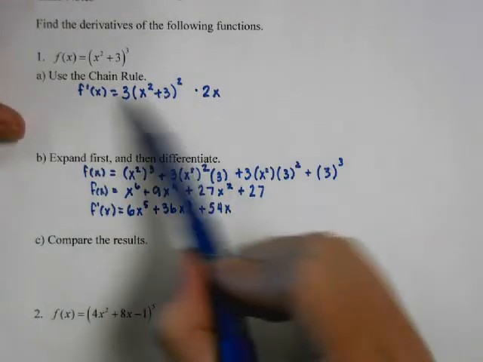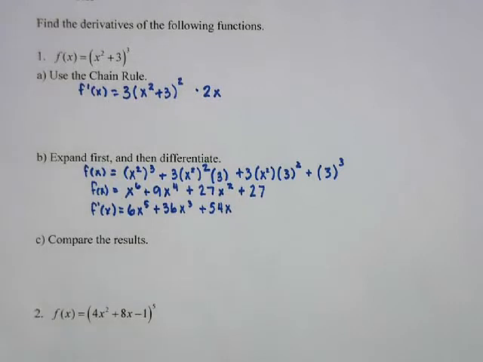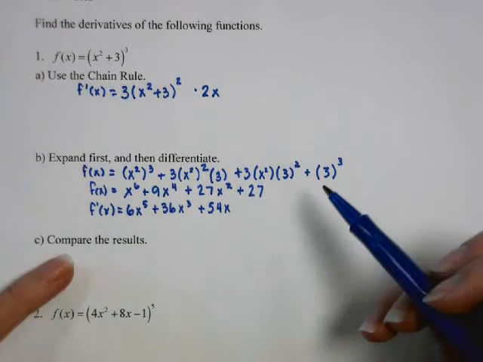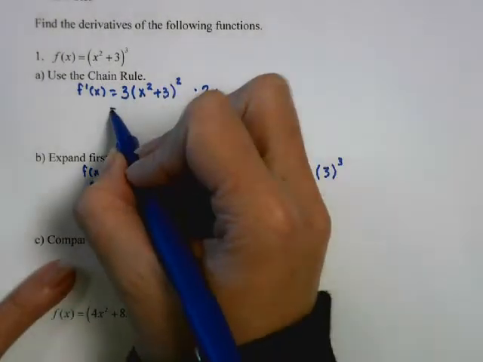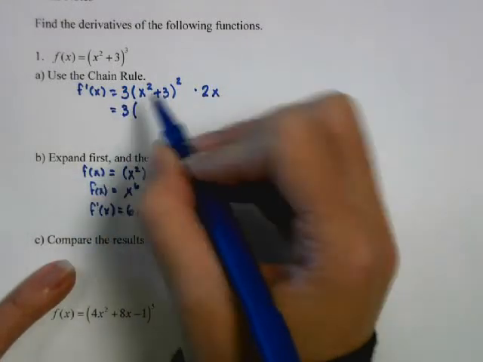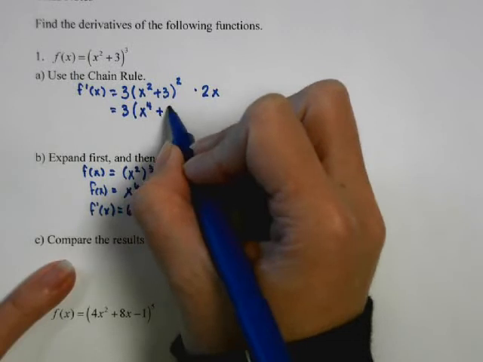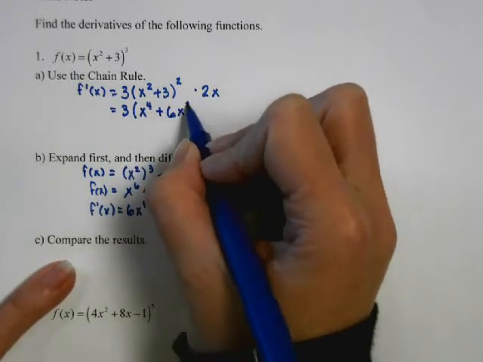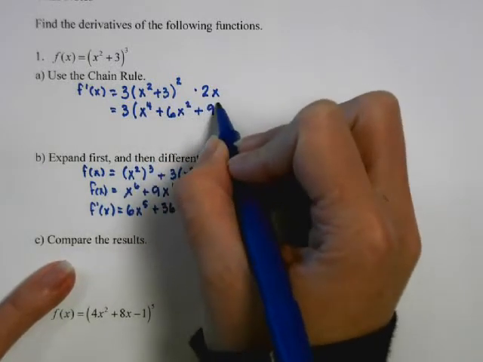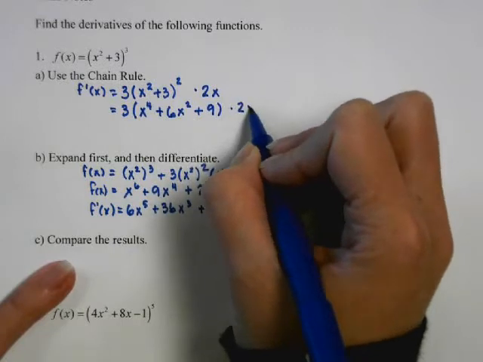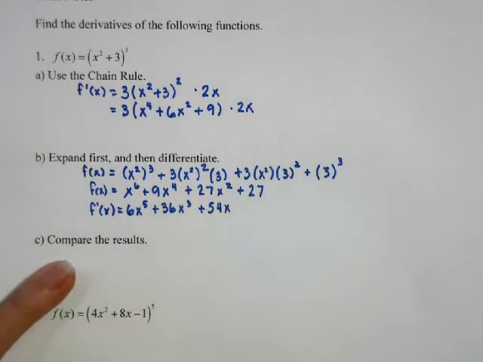Now we're going to compare that to this one. They look different, but perhaps they are in fact the same. So I'm going to expand this one out too. We're going to have 3 times, if I square this, x to the 4th plus 6x squared plus 9, times that 2x.